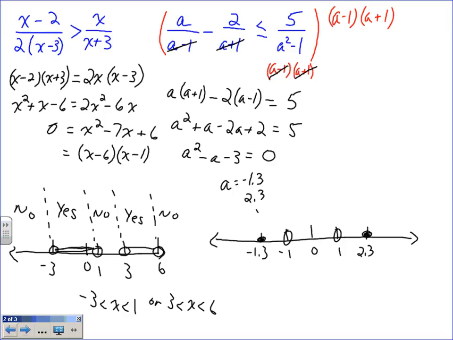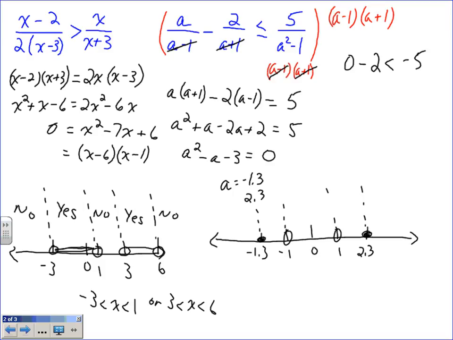And then we test the intervals, to see what works. I think I'm just going to test 0 real quick because that's easy. Here I have 0 over 0 minus 1 minus 2 over 0 plus 1 is less than 5 over 0 minus 1.